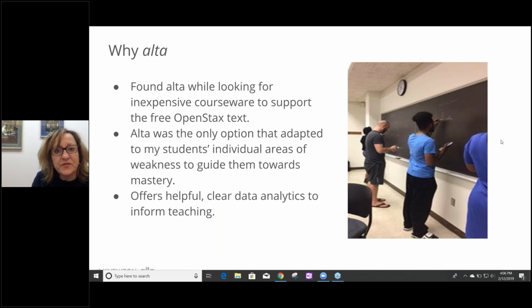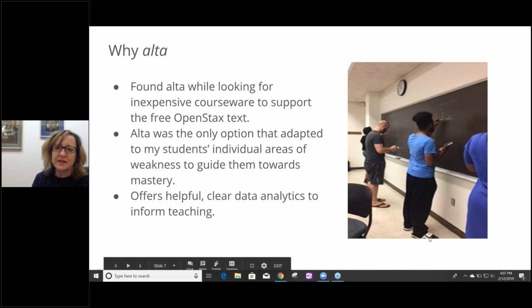One thing I hadn't even planned on in using Alta were the analytics. Now I'm using the analytics to help inform my teaching, and we'll be taking a look at that in a little bit here in our discussion.